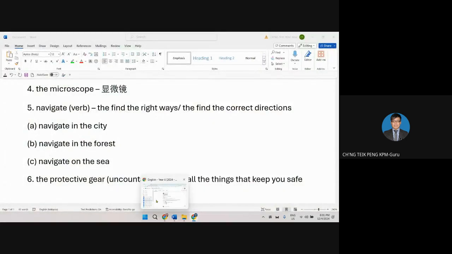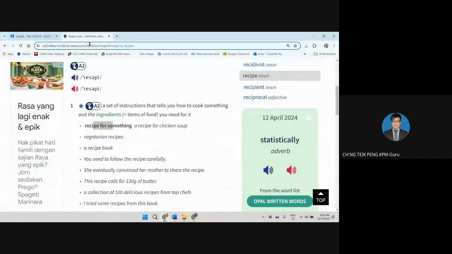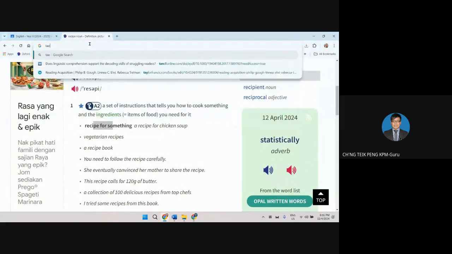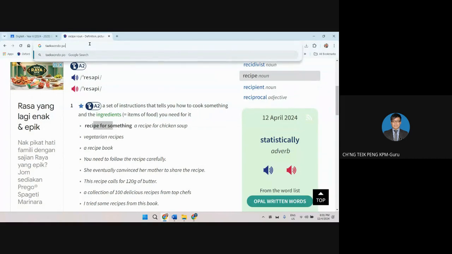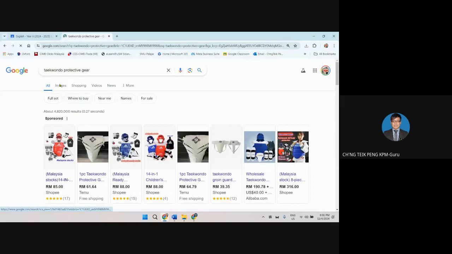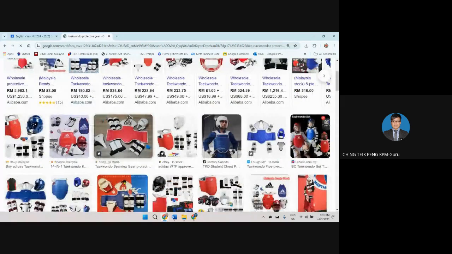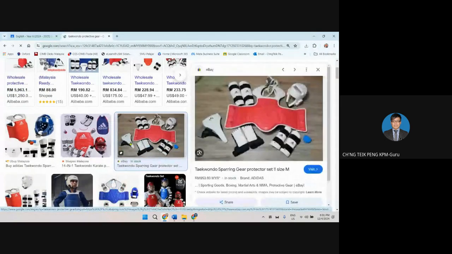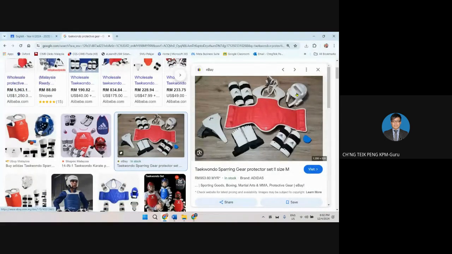So look at this, okay? Taekwondo. Some of you practice Taekwondo, right? So let me show you Taekwondo protective gear. For Taekwondo protective gear, you will have the vest, and then you will have the helmet.